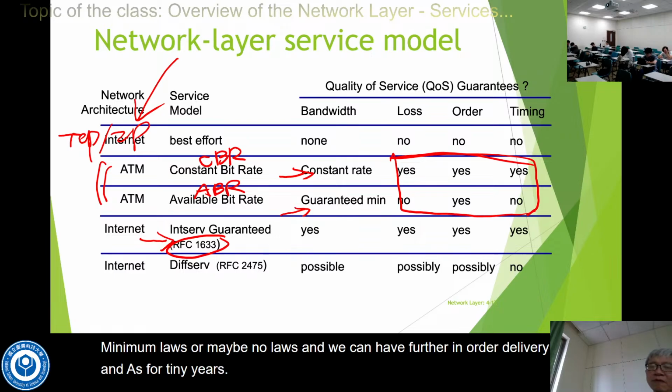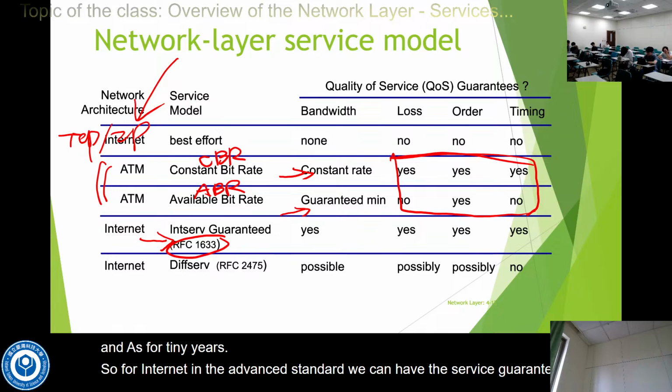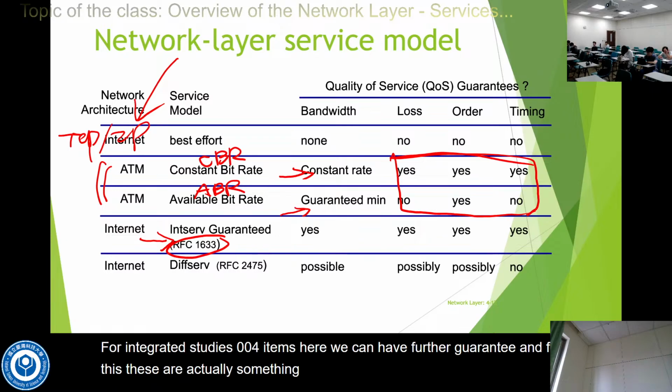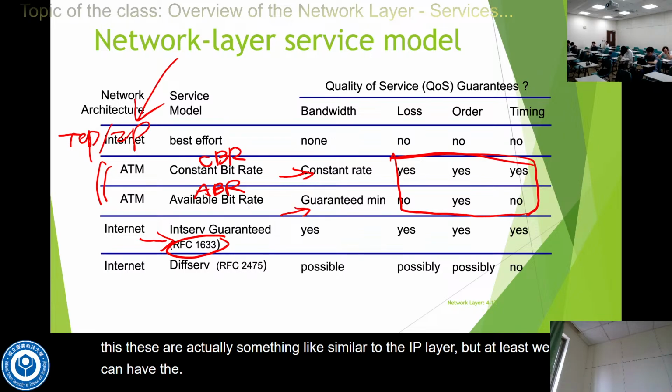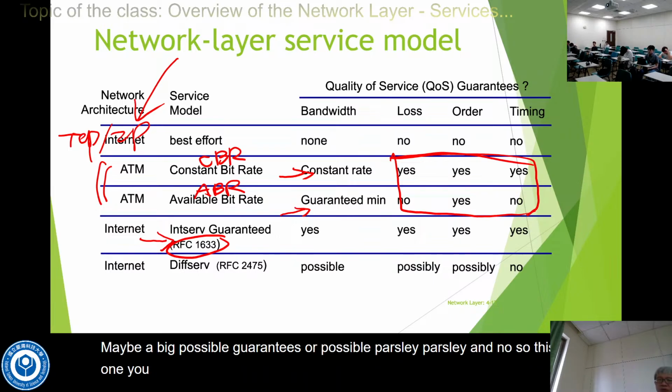So in this advanced internet standard we can have service guarantees; for integrated service, all four items can be guaranteed. For the other one, it's similar to the IP layer, but with a bit more possible guarantees. So it's similar to IP, but a bit more.